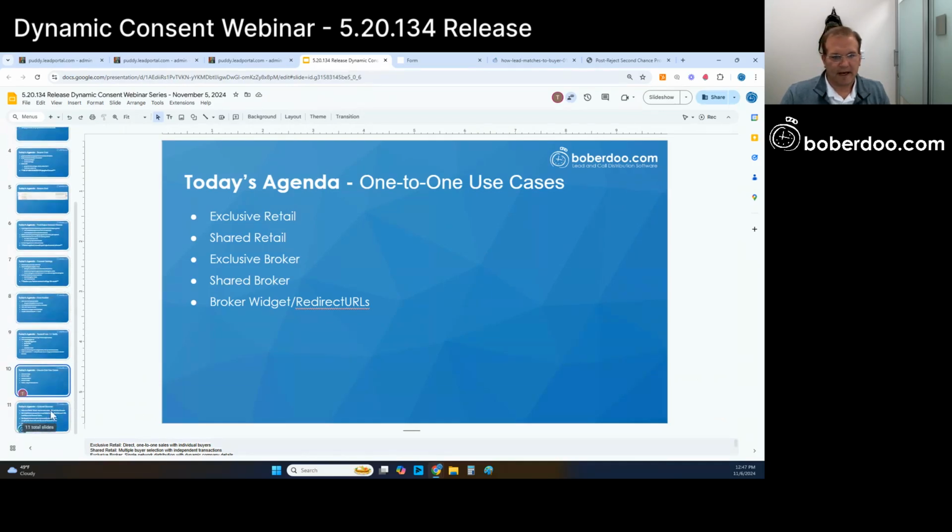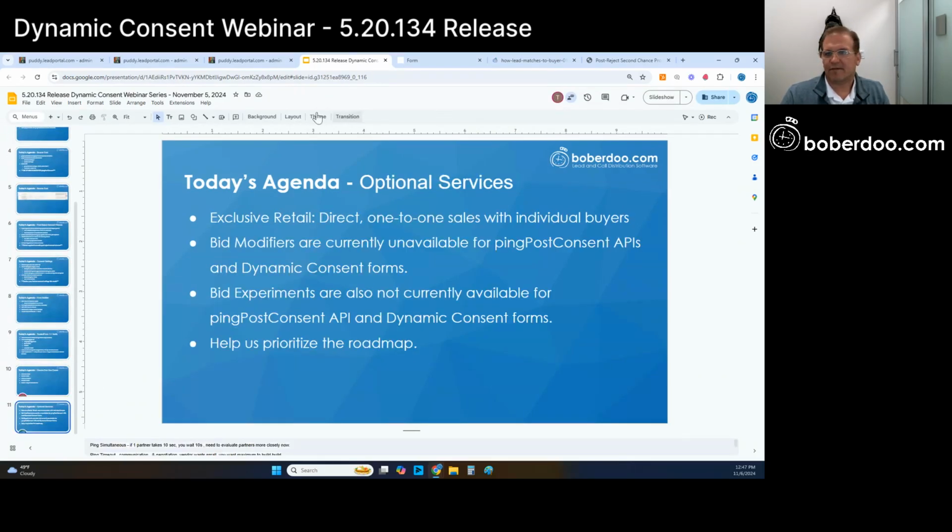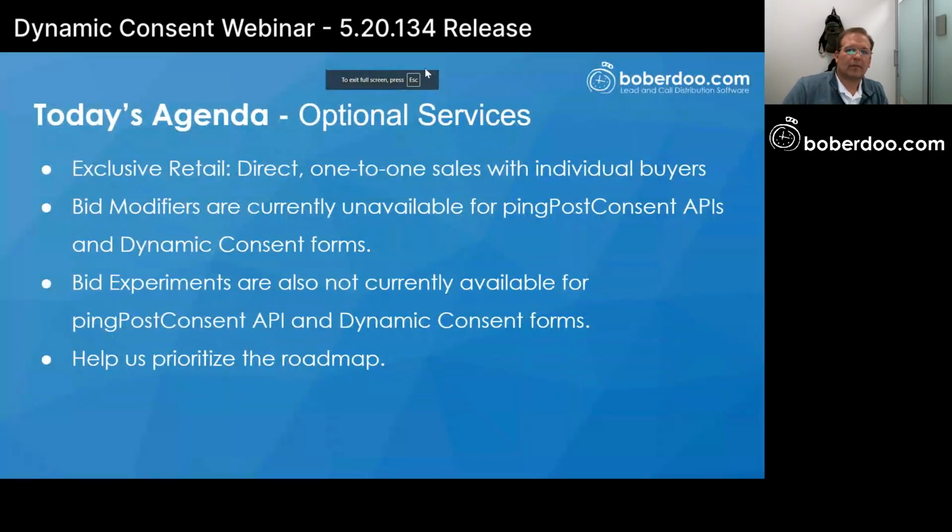All right, and then last up here we have some optional services updates. Currently bid modifiers, which is something that is offered as an optional add-on through outside services, is not available through the ping post consent API or dynamic consent form.